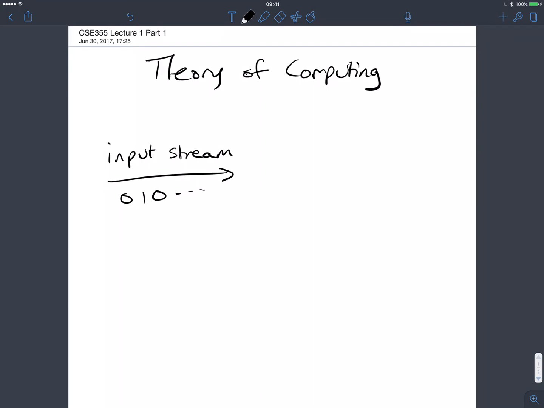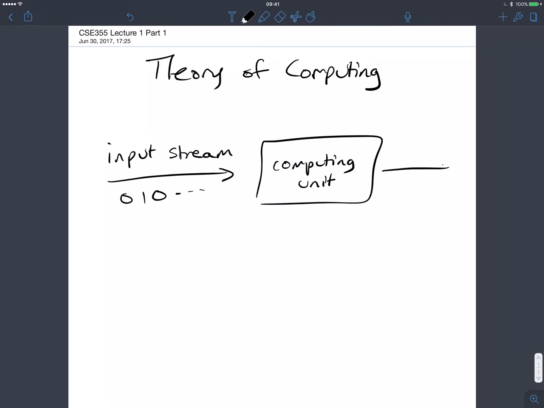So let's call it our computing unit. What else do we fundamentally need? Some kind of output. And we can say that this is an output stream. Okay?